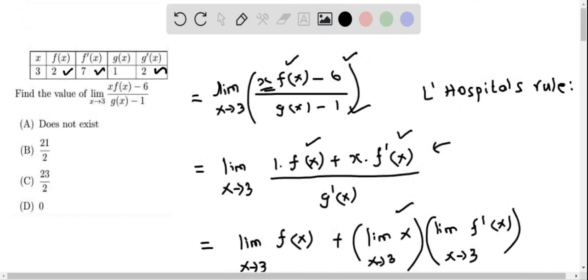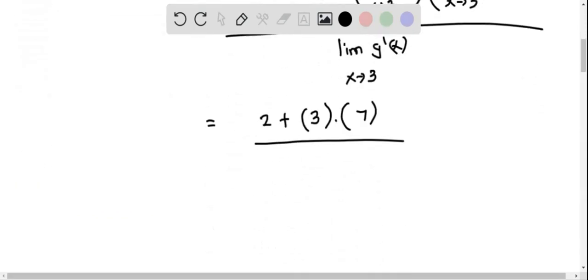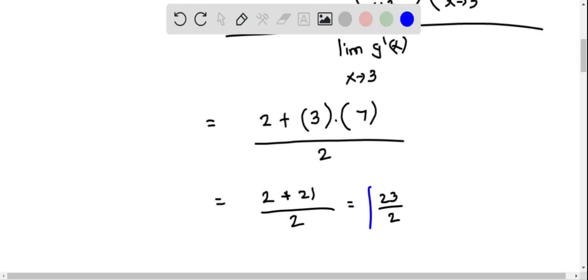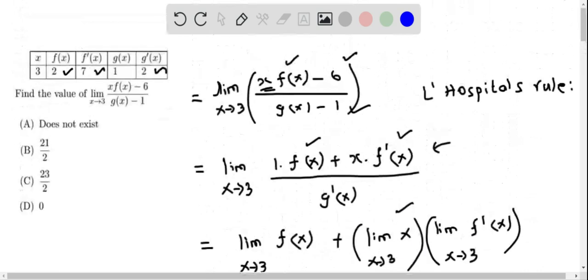Now we utilize this value: when x approaches 3, g prime of x equals 2. So the value of the limit in the denominator is 2. Let's simplify this. This becomes 2 plus 3 times 7, which is 21, divided by 2. So this becomes 21 plus 2, which is 23 over 2. So this is the final value of the given limit, which means we choose option C.